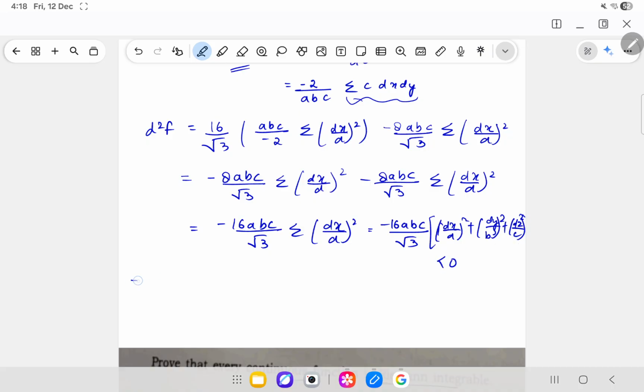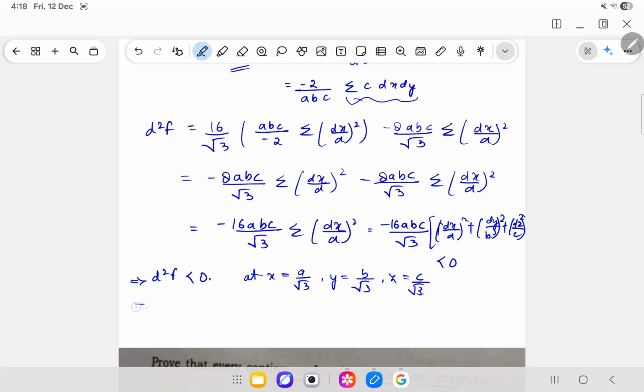So from here we got that d square f is less than 0 at x equals a by square root of 3, y equals b by square root of 3, and z equals c by square root of 3.